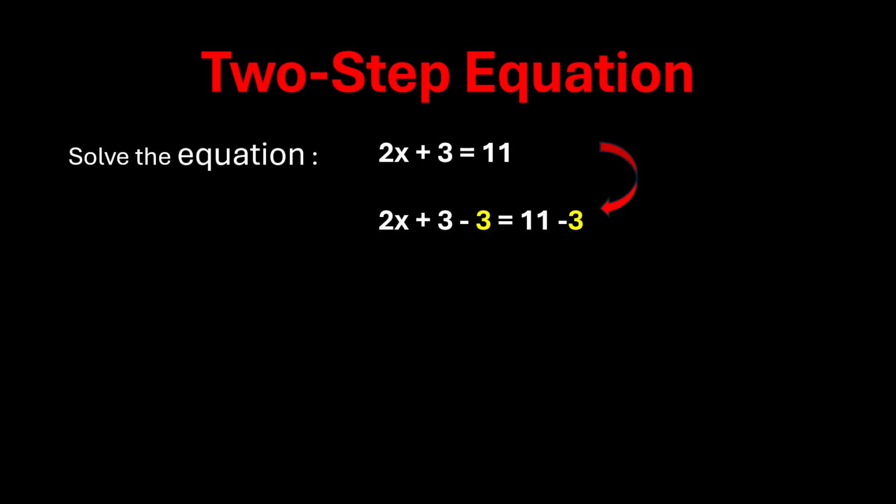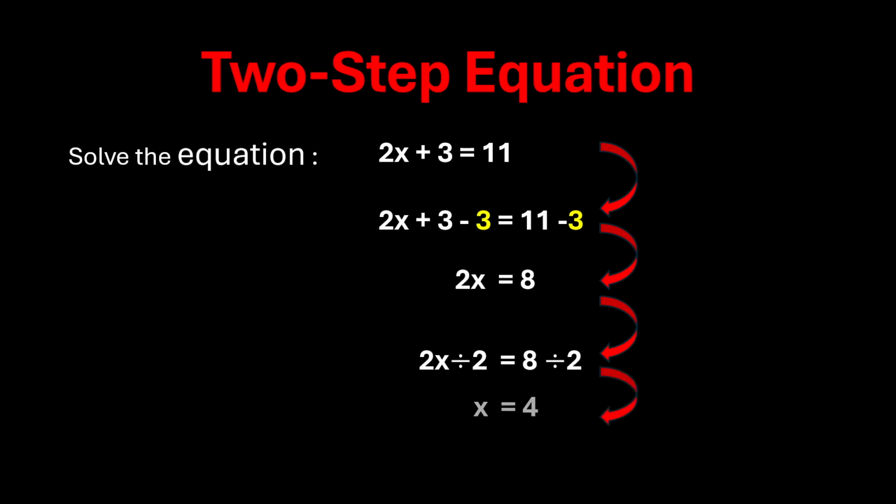So 2x plus 3 minus 3 equals 11 minus 3. That gives 2x on the first side, and the second side is 8. Then remove the 2 multiplied by x, which means the opposite is division. So 2x divided by 2 equals 8 divided by 2. The final step, x equals 4, so the solution is 4. It's simple, right?